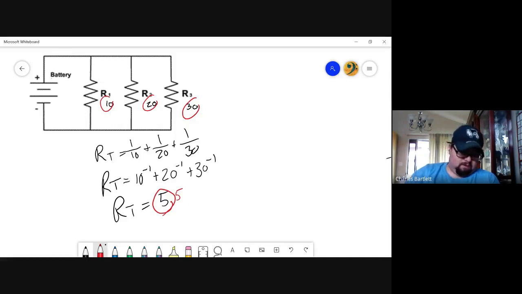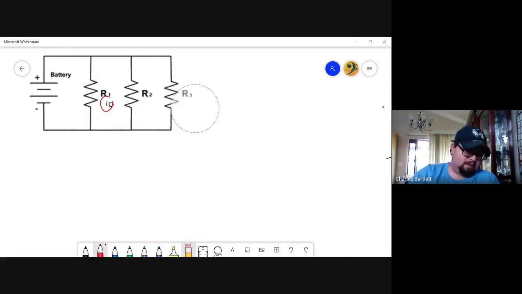Okay, so it doesn't need to be this complicated. There's actually several methods of doing this that the book wants you to know. And so let's do the easy one. So the easy one would be to say, hey, we've got 3 resistors in parallel and they're all the same. Okay.